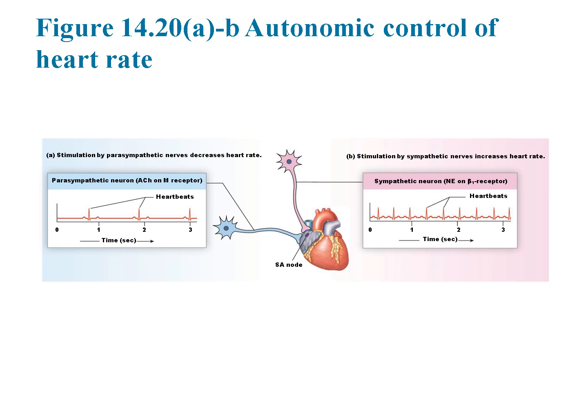On the right side, sympathetic stimulation increases heart rate. Norepinephrine binds to beta-1 adrenergic receptors on the sinoatrial node, increasing sodium and calcium influx. This leads to faster depolarization, allowing the membrane potential to reach threshold more quickly. The result is a higher frequency of action potentials, increasing the number of heartbeats per second, as seen in the electrocardiogram tracing.